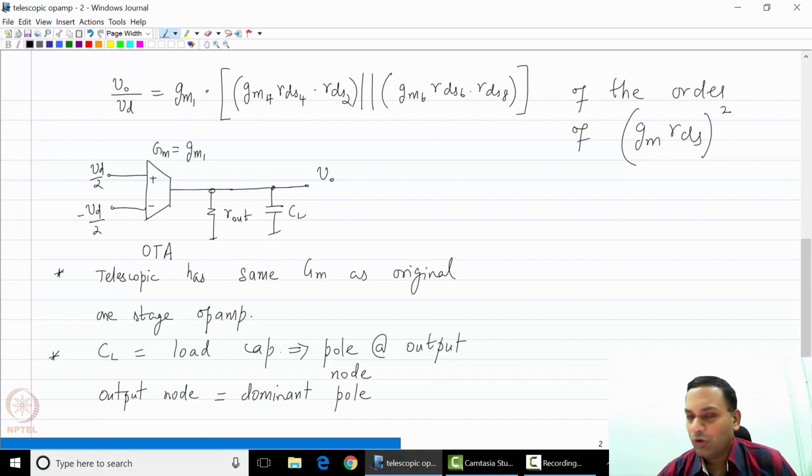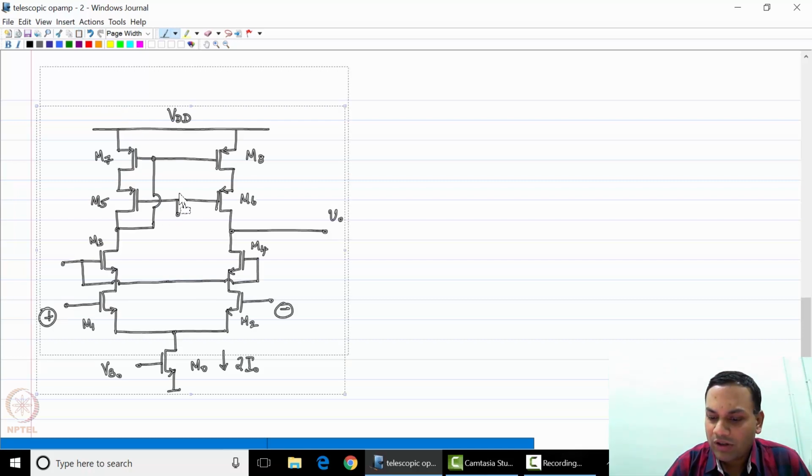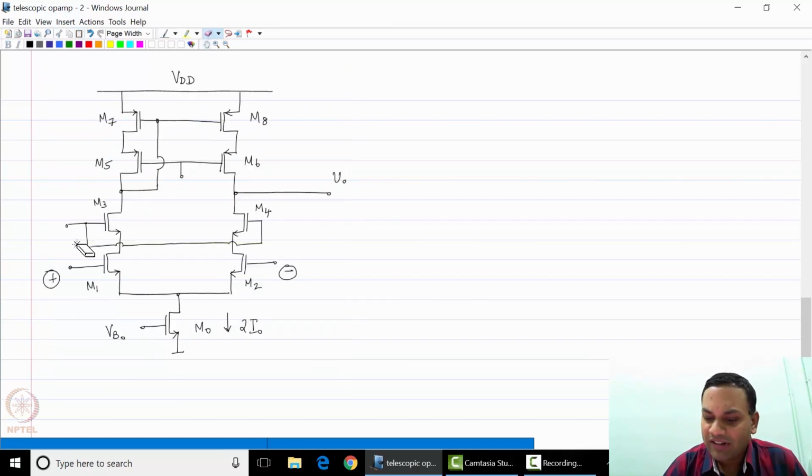Now that we have drawn the block diagram, let us look at some of the details of this circuit. So let us quickly find out the output resistance of the portion looking upwards.